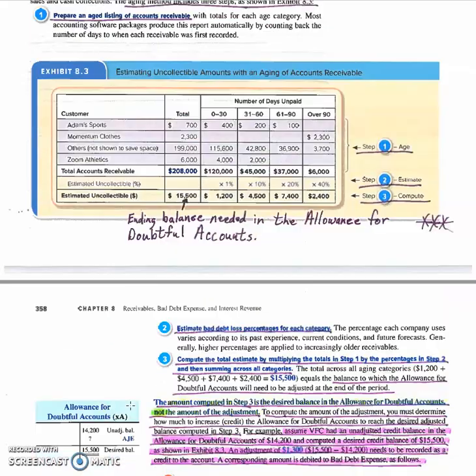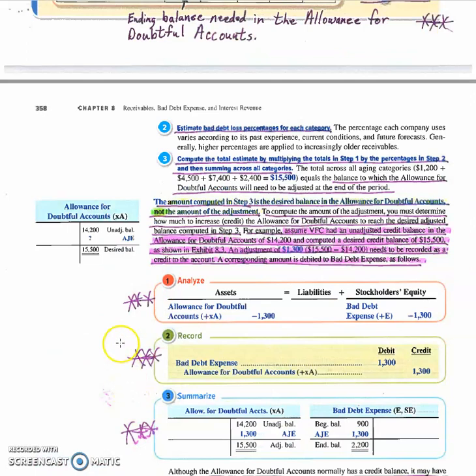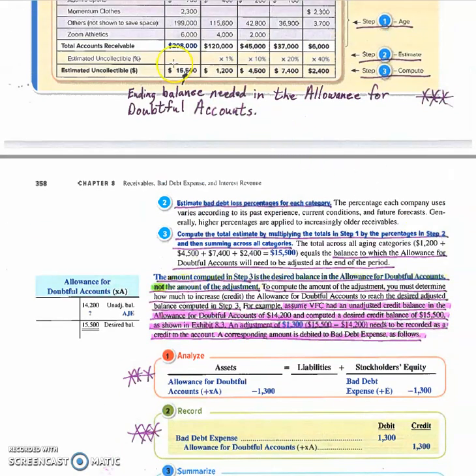Then we have to look at our allowance account and see what kind of a balance it has. And so in their example right here, the desired balance is $15,500, and the allowance account has a balance already of $14,200.